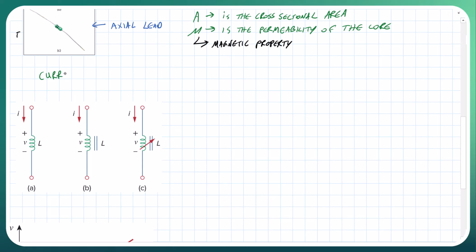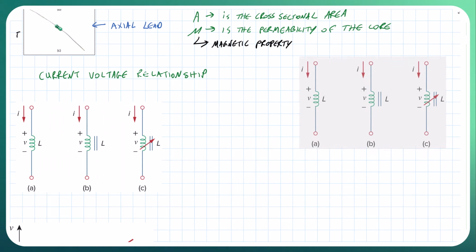So before we do that, let me just go ahead and get this out of the way. Let me define these.